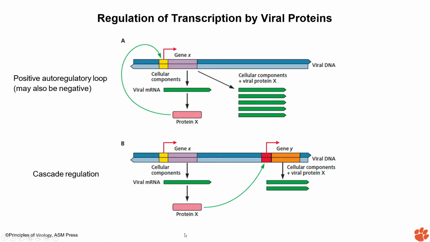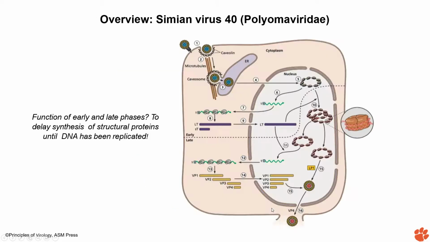On the other hand, this is called a cascade regulation, where the first protein X, once made, binds to another initiator or regulatory sequence of another gene and controls the transcription of that. This is called a cascade, and these transcripts can make another protein and control Z and so on. That can happen as well, and that's what we are going to see.